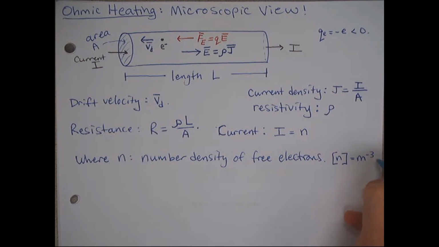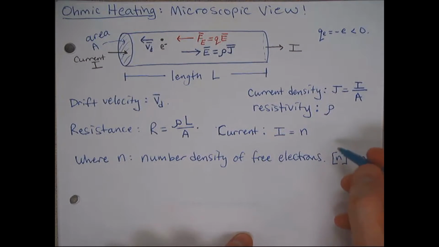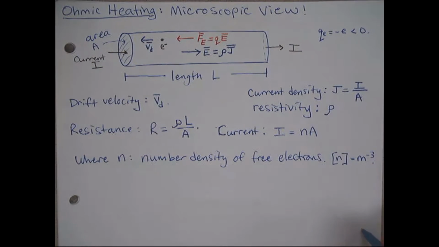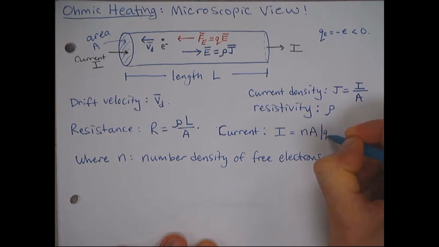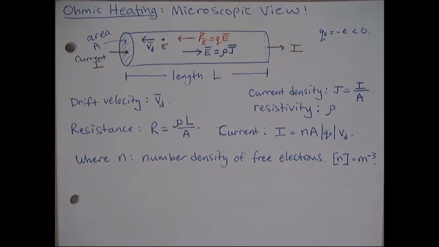That's electrons per cubic meter. So the current is lowercase n, cross-sectional area A, magnitude of the electron charge, Q, times that drift speed, or the magnitude of the drift velocity.